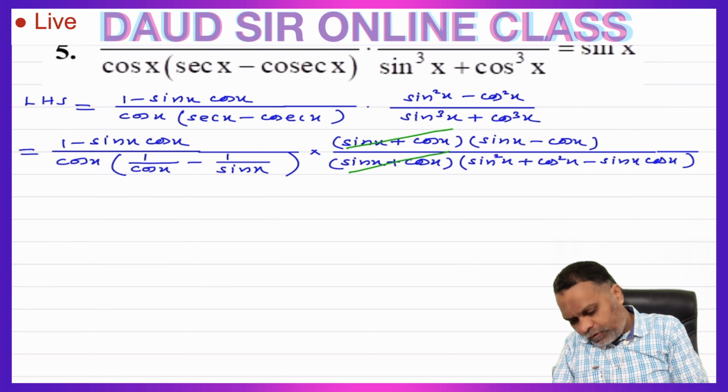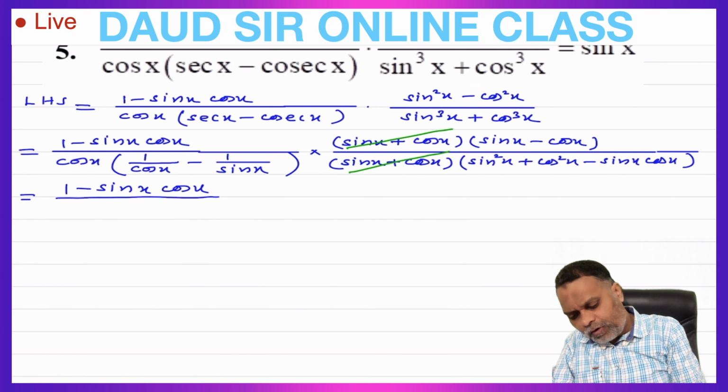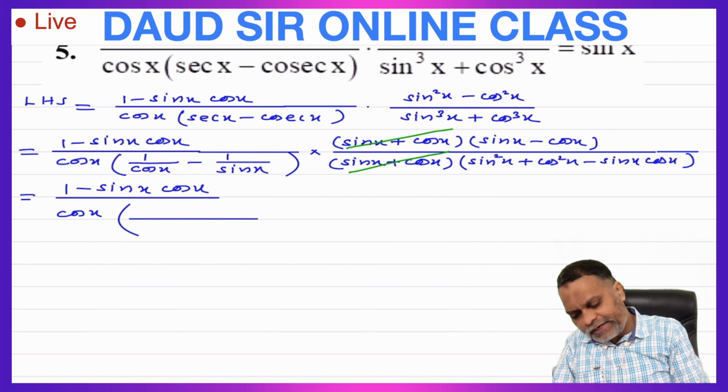Which is equal to 1 minus sin x into cos x upon this cos x, and take LCM in this bracket. So LCM is cos x into sin x.